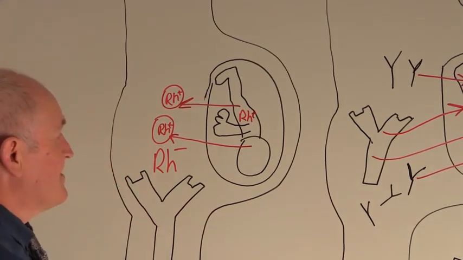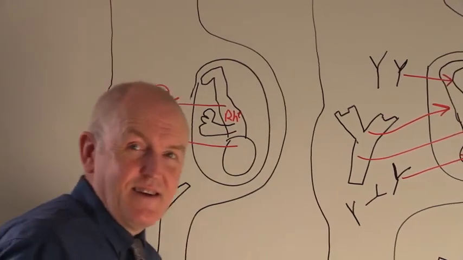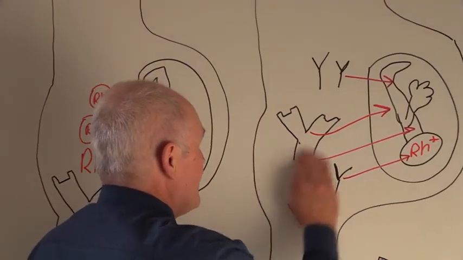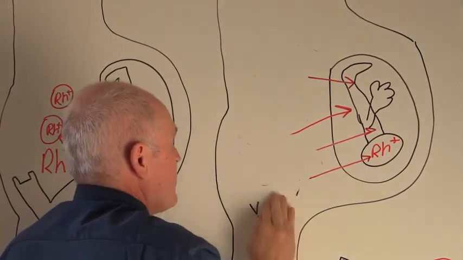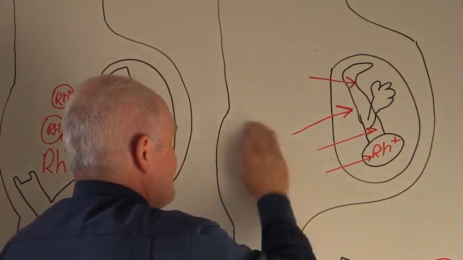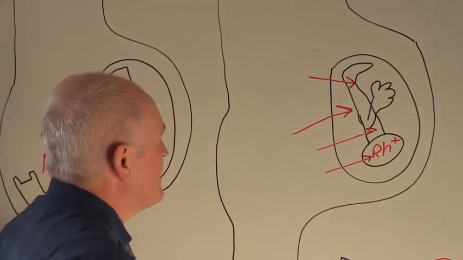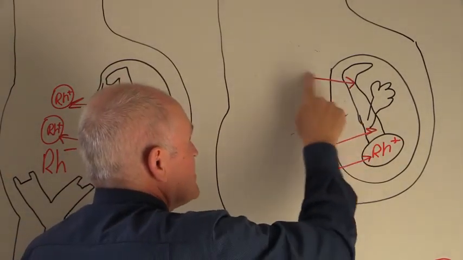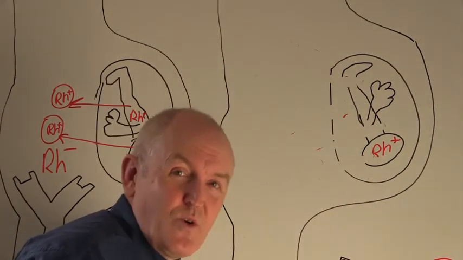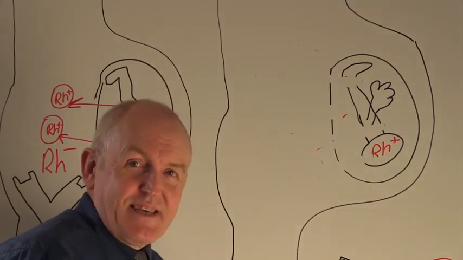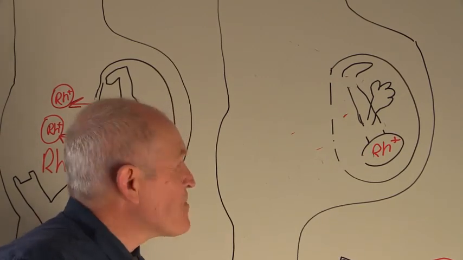That means for a second pregnancy, the mother will not have been sensitized. The mother will not have the rhesus factor antibodies. Therefore, they will not be able to migrate into the fetus. Therefore, the fetus will not develop hemolytic disease of the newborn.